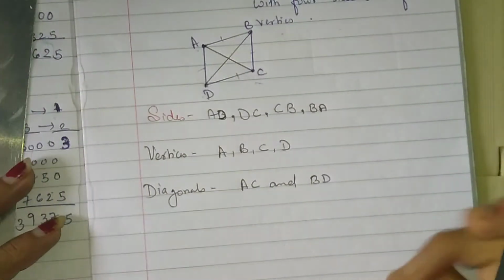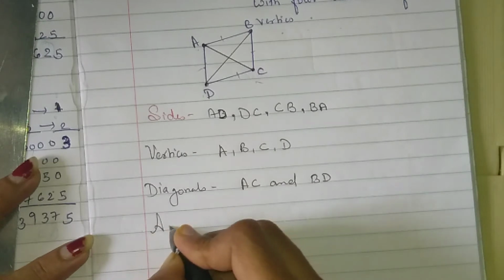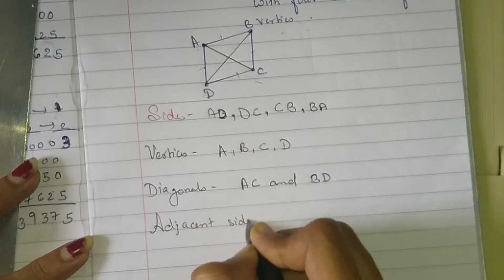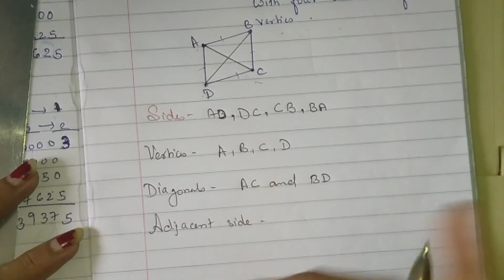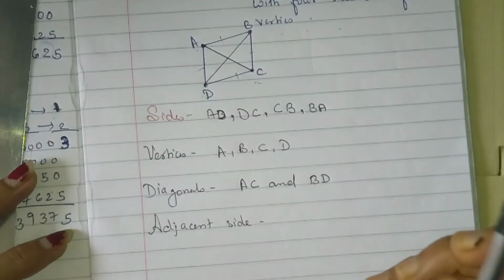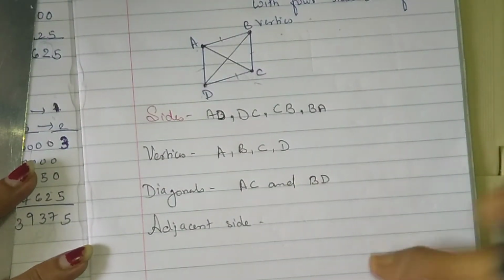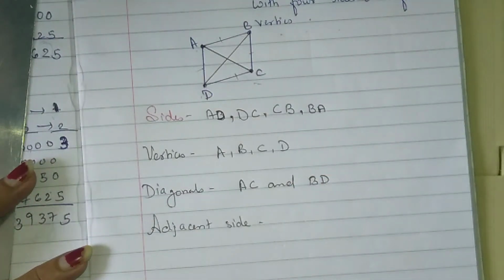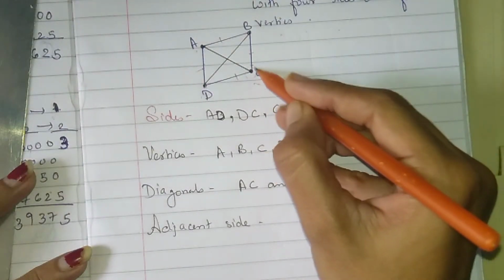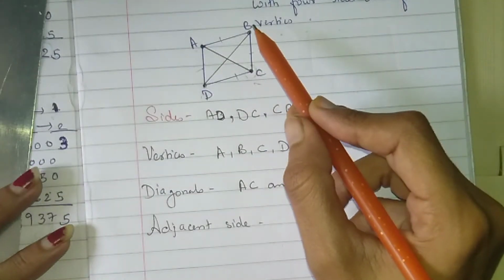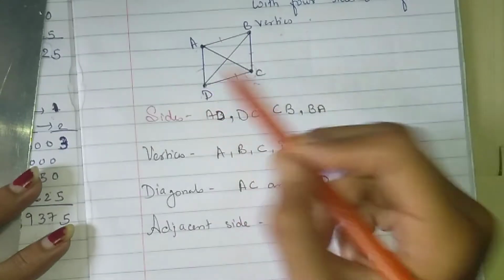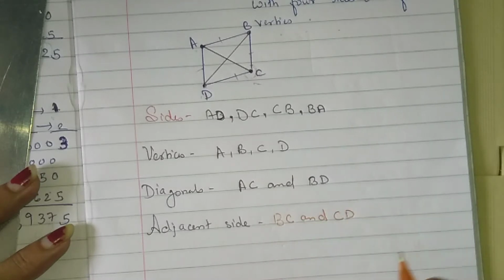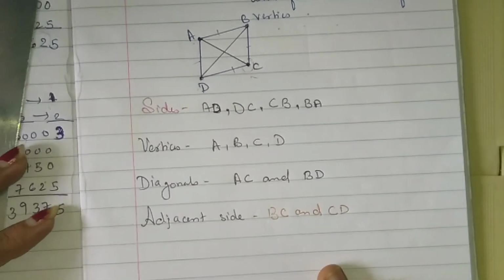Okay. Now adjacent sides in the quadrilateral. Which are the adjacent sides? The two line segments which have one common vertex are called adjacent sides. Now if we take the common vertex as C, which are the line segments? BC and CD. BC and CD are adjacent sides. One more we can take.